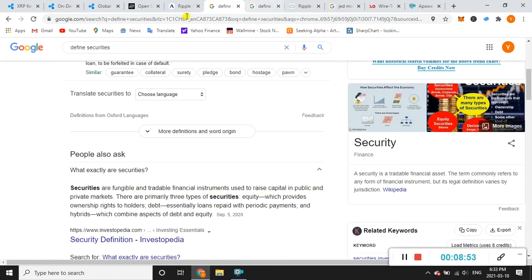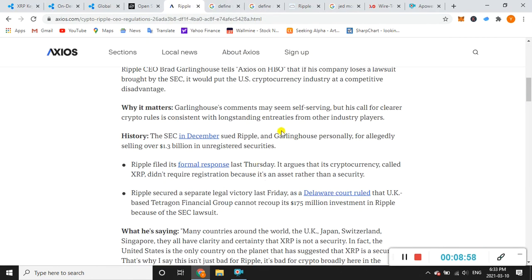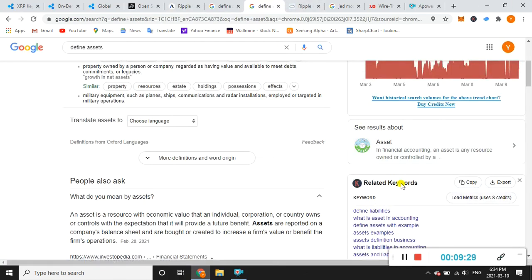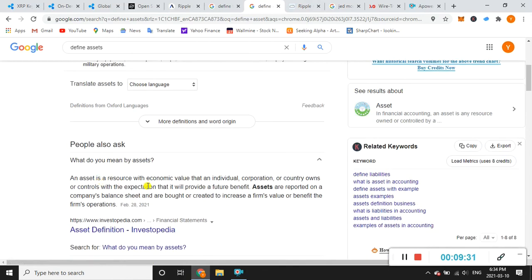So what they're saying is that the amount of XRP used for the conversion in every transaction that uses XRP or the Ripple network is seen by the SEC as a security, whereas Ripple is saying that it is an asset in order to run the business. So just quickly, what is an asset? An asset is a resource with economic value that an individual, corporation, or country owns or controls with the expectation that it will provide a future benefit, and that future benefit right now is running the network itself.